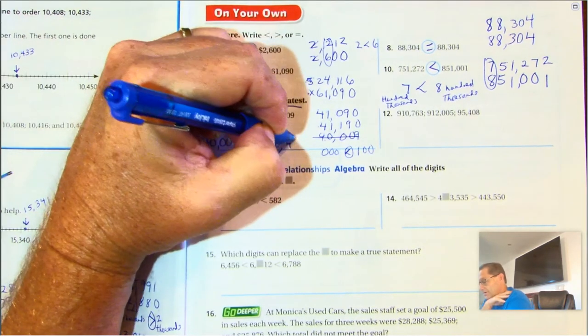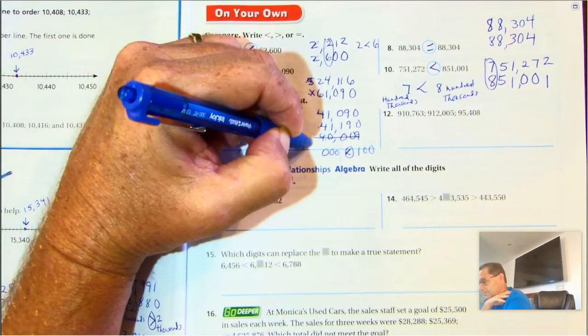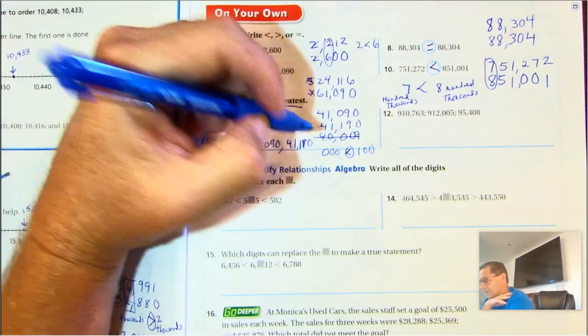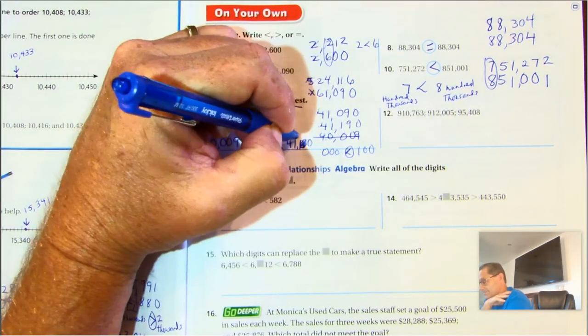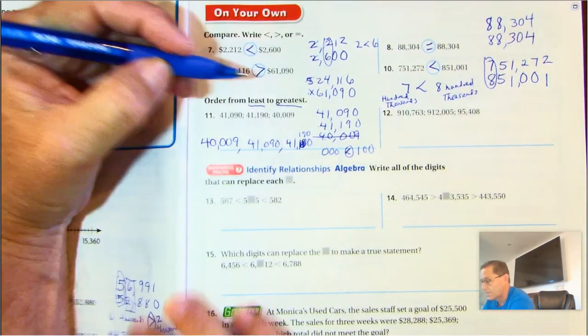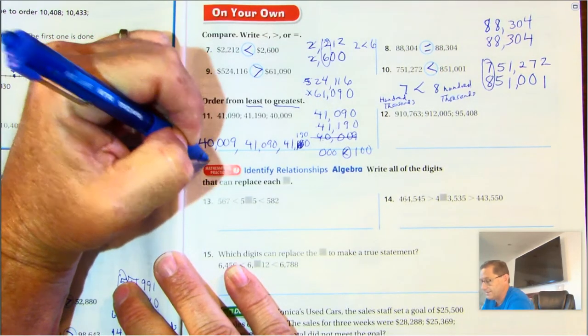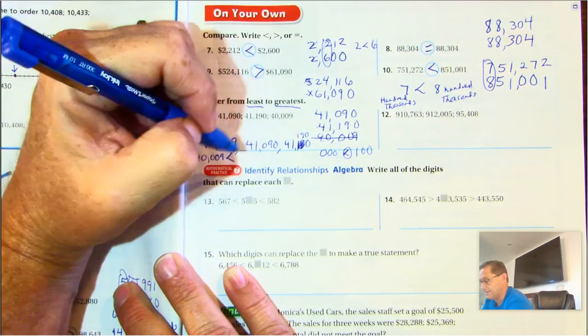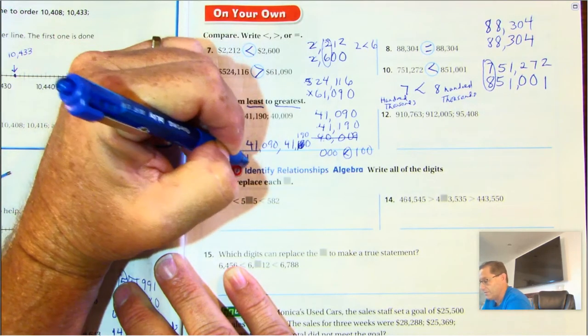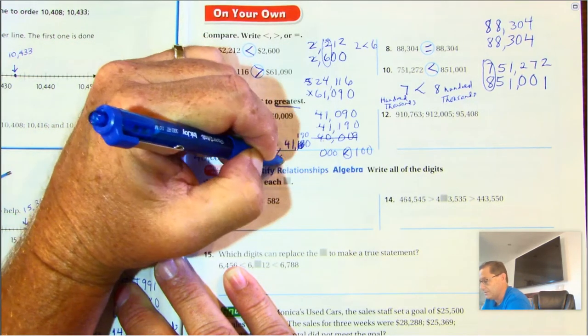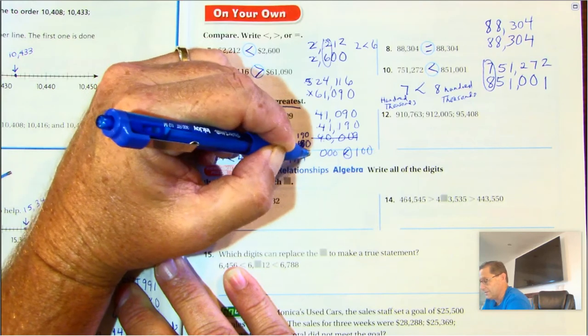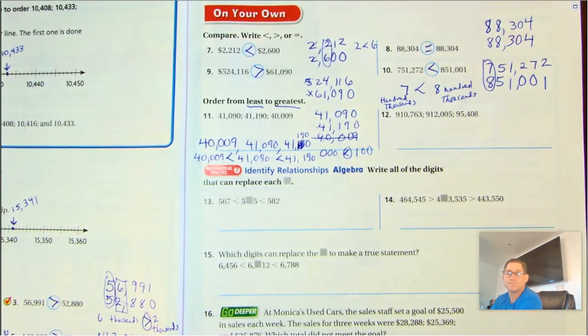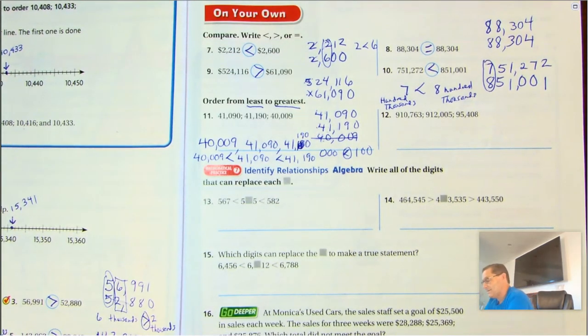And our largest value is 41,190. So we could write it like this: 40,009 is less than 41,090, which is less than 41,190. Number 12.